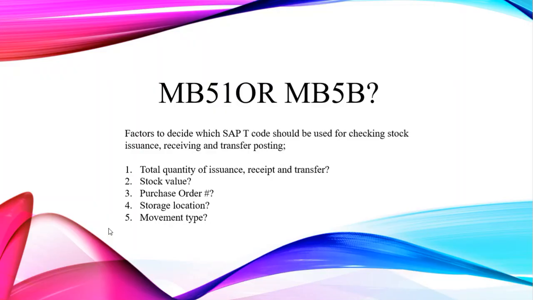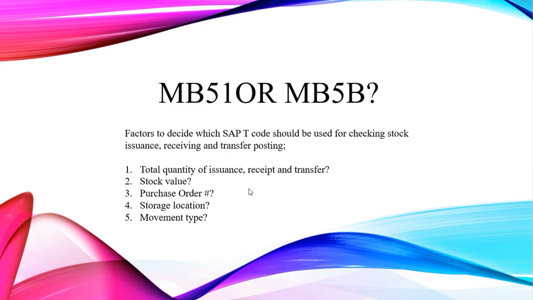Now to the last part of my video, MB51 or MB5B, which one is better for the issuance, receipt or transfer purpose? So the factors which we can use to decide which T code we should use is number one, whether we want the total quantity or we want the individual quantity, because in MB5B you will be getting a separate column for total quantity issued or total quantity received.